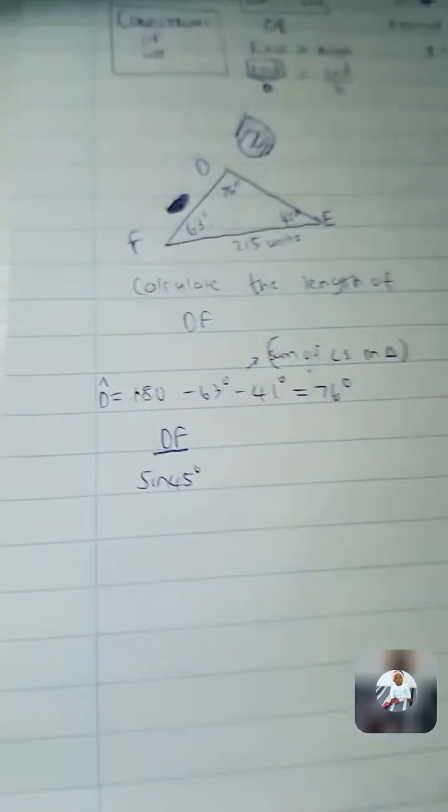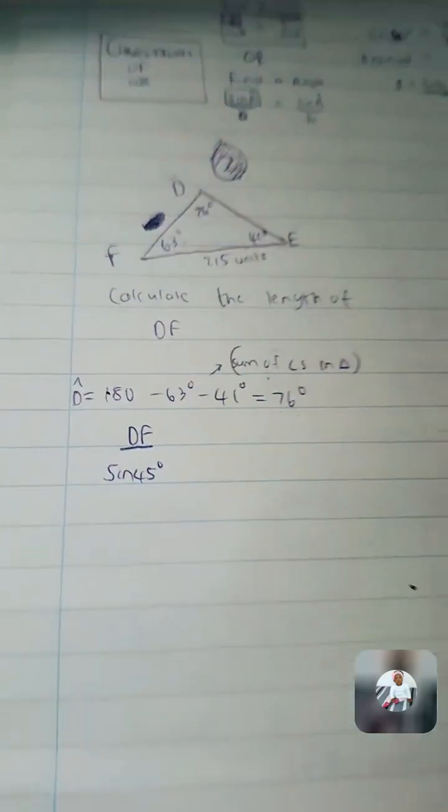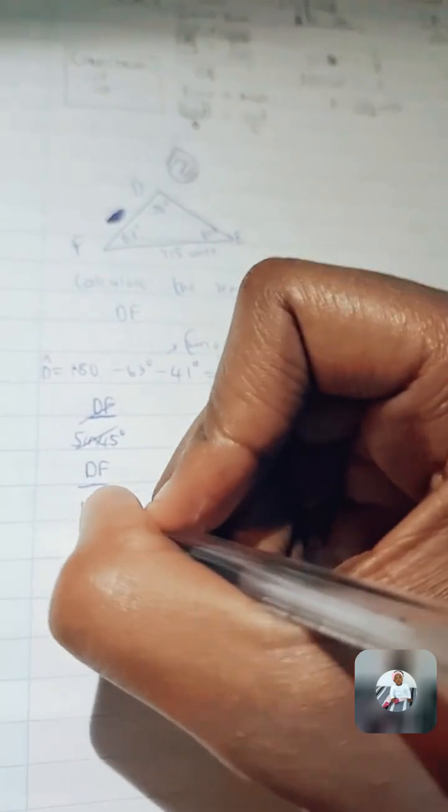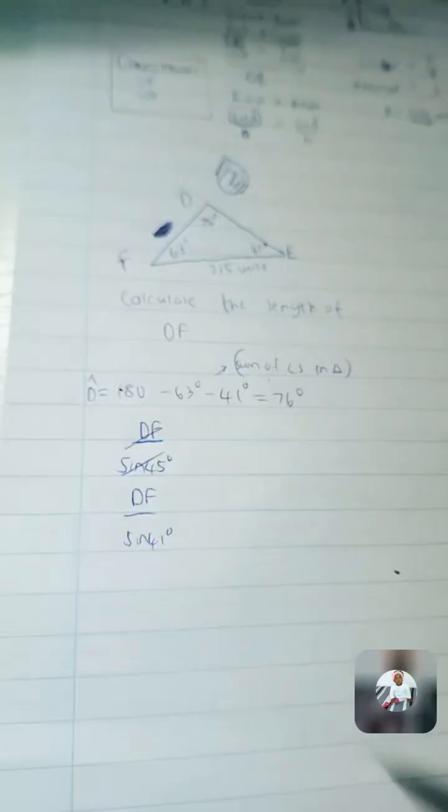So we go ahead and say DF is equal to sine of 45 degrees. Isn't it 41? Sorry, my bad. You see me, I'm getting excited and I'm making errors as a result. Thank you.